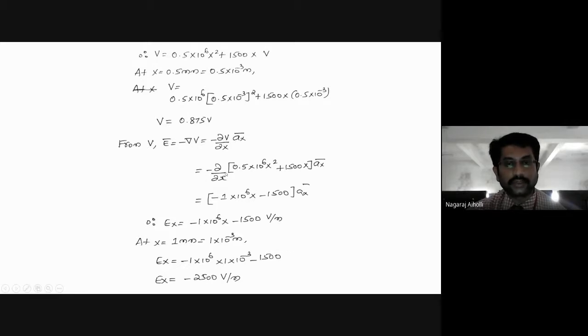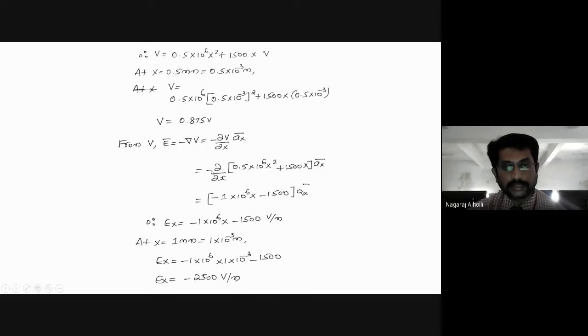Then it is minus dou by dou X of V. V is whatever we have got in the above equation, that is 0.5 into 10 raised to 6 x square plus 1500 x, into AX bar. Now I will differentiate this with respect to X. Differentiation of 0.5 into 10 raised to 6 x square: differentiation of x square is 2x, so 2 into 0.5 is 1.